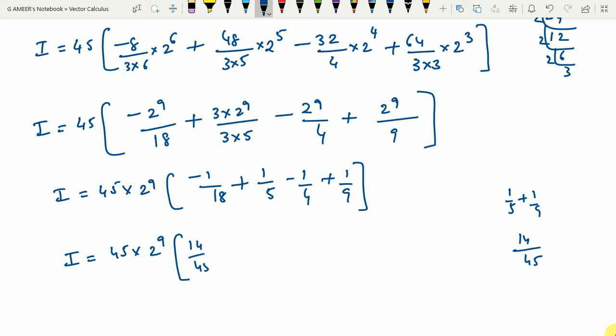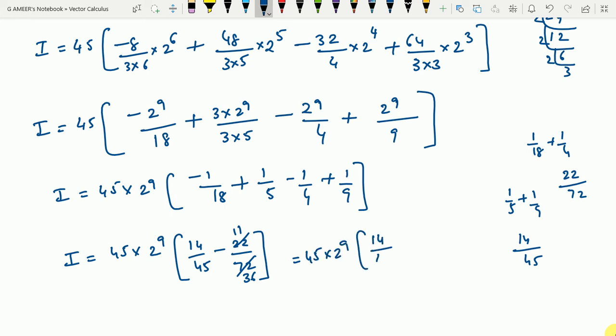Next 1 by 18 plus 1 by 4 can be written as 22 divided by 72, so it goes to 11 by 36. That is 45 into 2 power 9, so 14 divided by 45 minus 11 divided by 36.